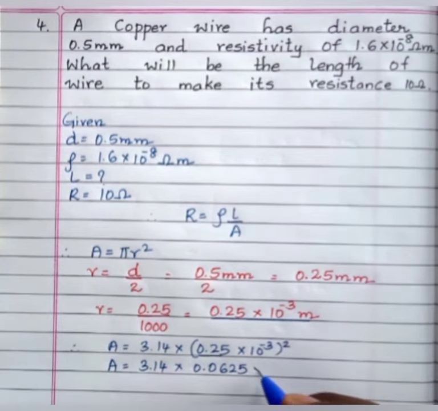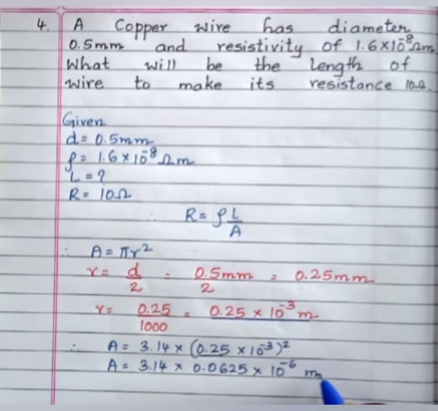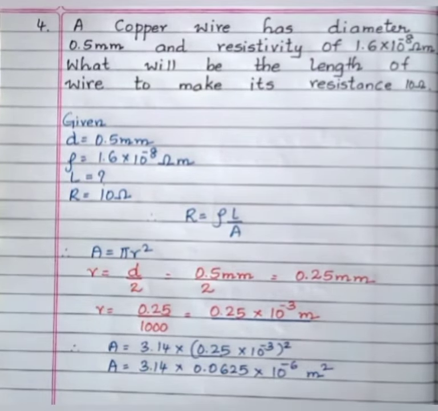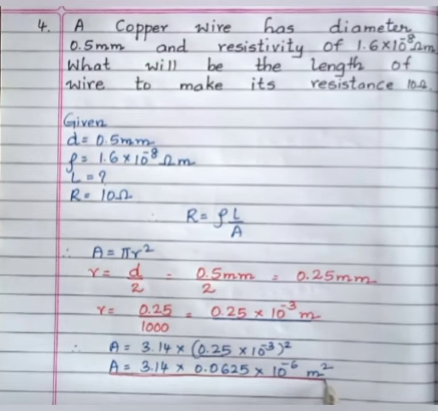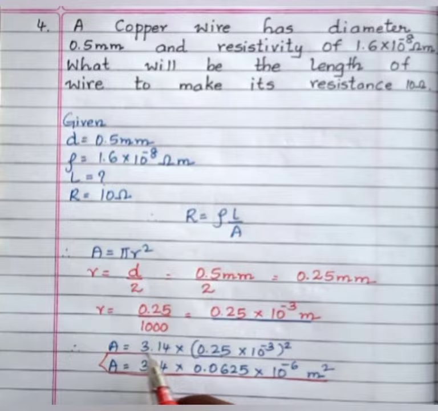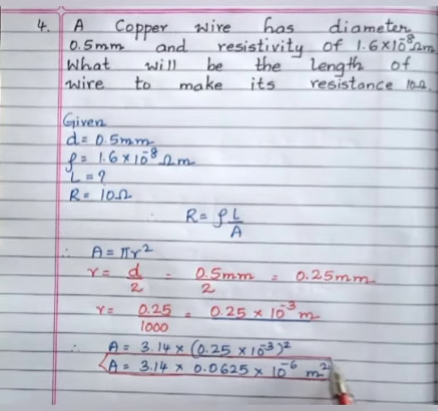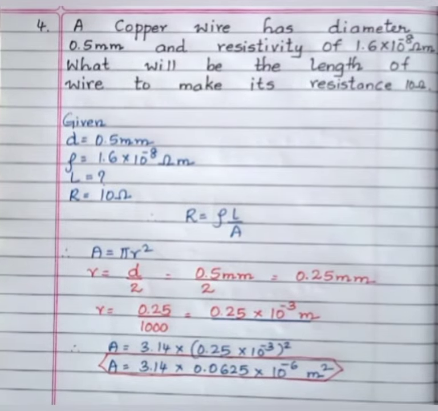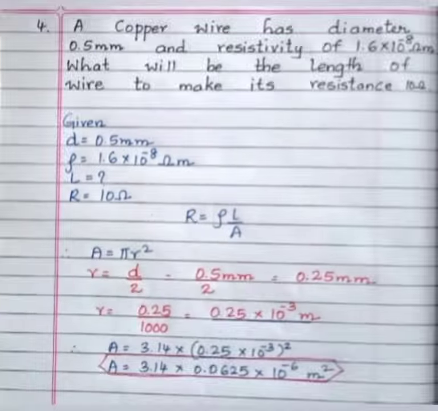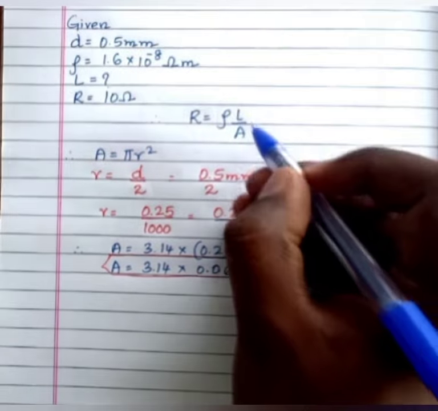So after decimal point we have two numbers, so that if you multiply it becomes, after decimal point we get four numbers, that is 0.0625 into 10 power minus 3 into 2, we get 10 power minus 6 meter square. Now we have calculated A equals 3.14 into 0.0625 into 10 power minus 6 meter square.